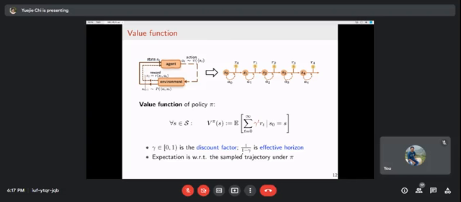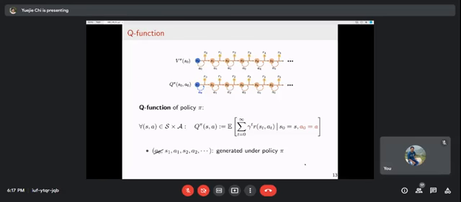Therefore, we'll usually be thinking about this parameter, 1 over 1 minus gamma, as some sort of effective horizon. That is sometimes very convenient if you want to translate results that you have for the infinite horizon setting to the finite horizon setting. You essentially only need to replace the effective horizon by the finite horizon.